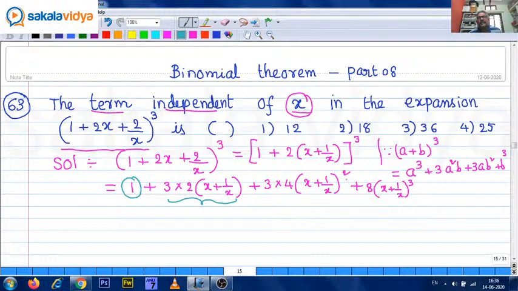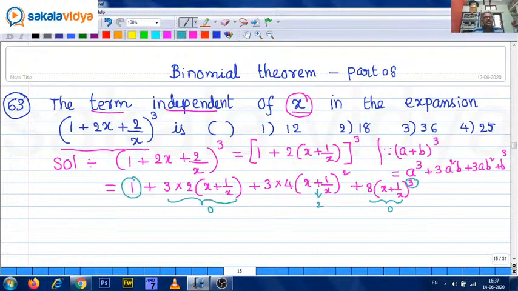Next, (x + 1/x) whole square is there. Whole square means the (a + b) whole square formula, a square plus 2ab plus b square. Here the constant term will be 2. In the cube term, as the power is 3, here also there is no independent term. Here independent term 0, here independent term 0.